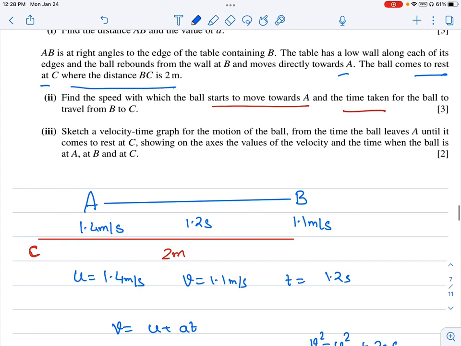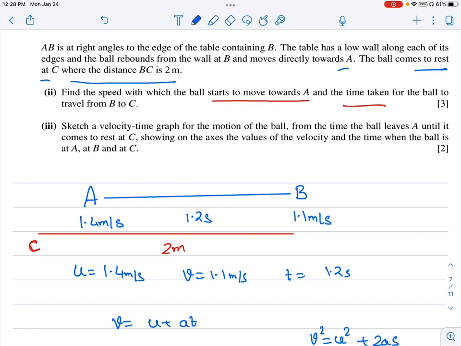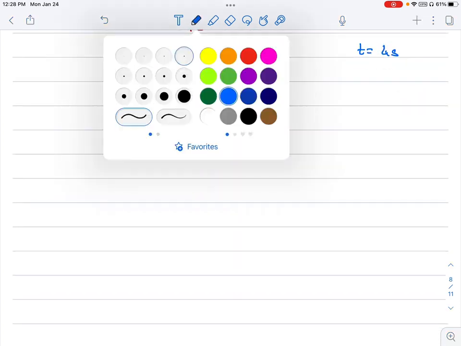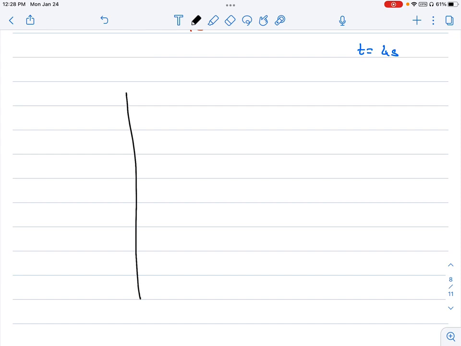Sketch the velocity time graph of the motion of the ball from the time the ball leaves A until it comes to rest at C, showing on the axes the values of the velocity and the time taken when the ball is at A, B and C. So we are drawing a velocity time graph.